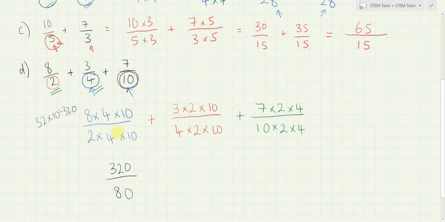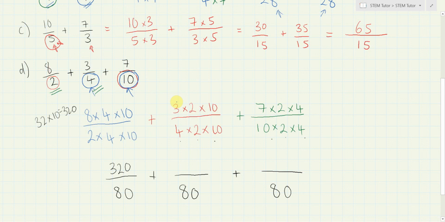Okay, now I'm confident that as this is 2, 4 and 10, the denominator in all of these will be 80. So we don't need to go through the working out of the denominator again, because we know it should be 80, and it is. And then it's just a case of working on the numerators.